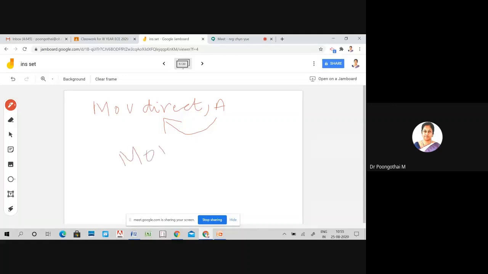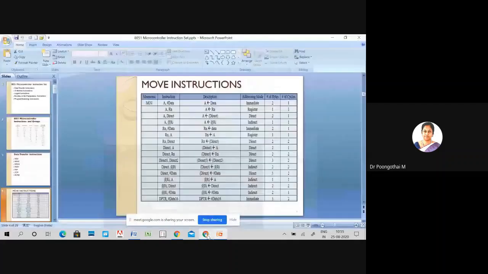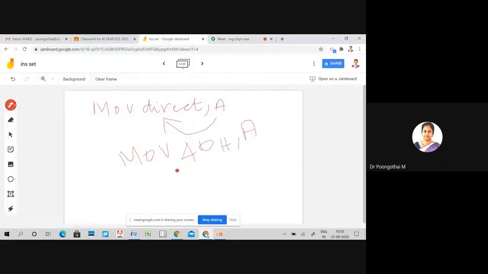Example, MOV 40H, A. So how many bytes of program memory are required for this instruction? 2, because 1 byte for opcode and another byte for storing your internal RAM memory address. So this instruction takes 2 bytes of program memory.